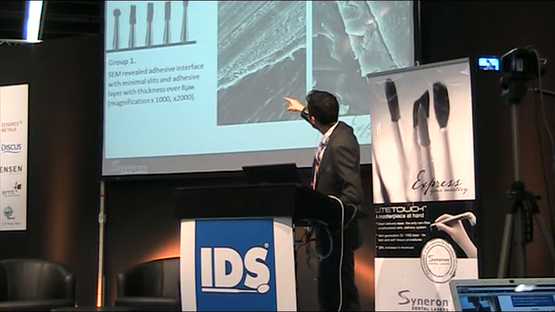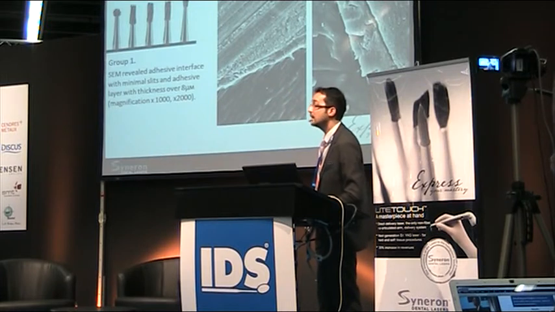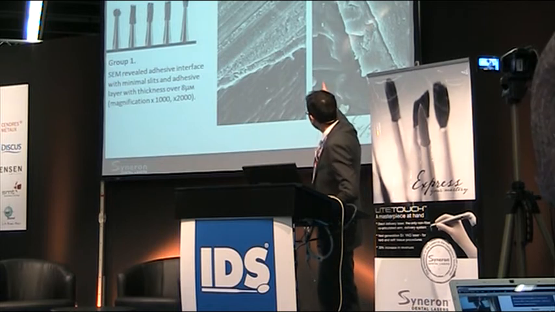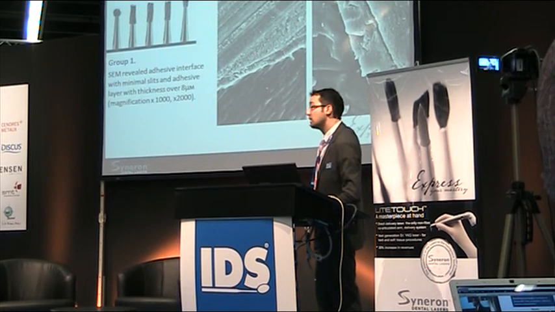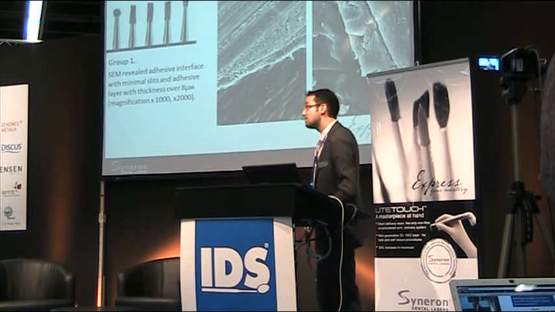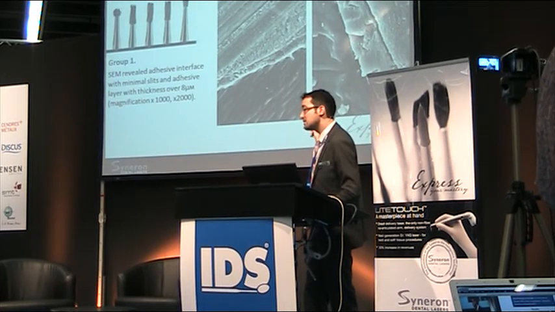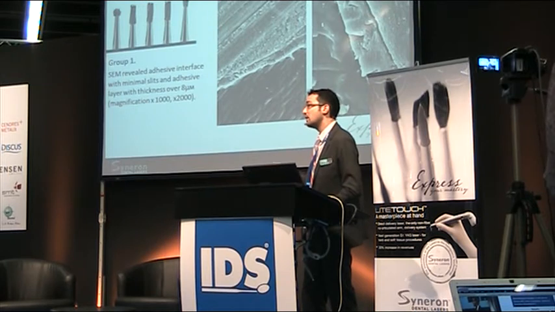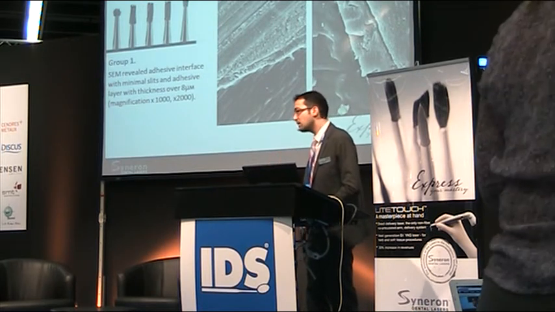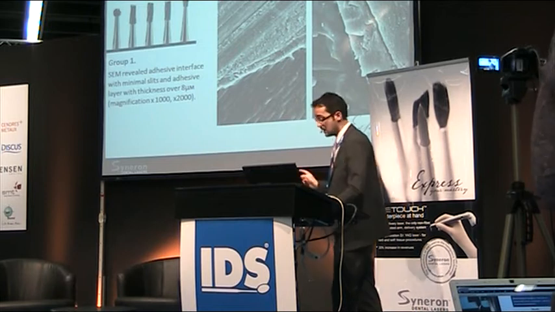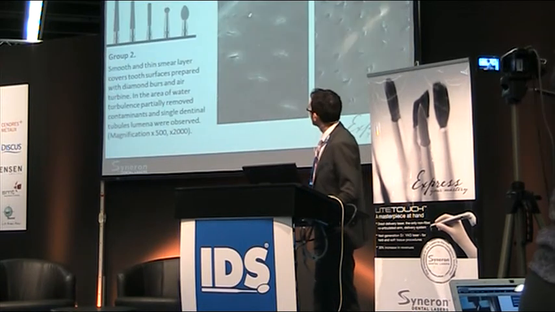This is the adhesive interface between the dentin and the adhesive, and you can see at this magnification there is a gap, there are spaces, and for these reasons sometimes we have recurrence, additional secondary caries, and hypersensitivity in some cases when we use this protocol.